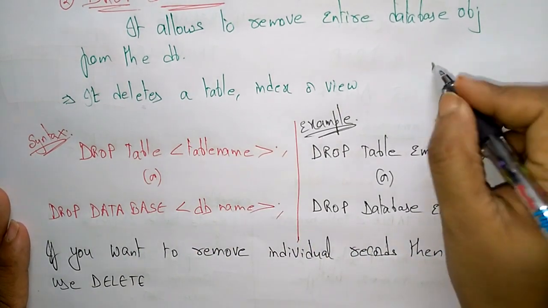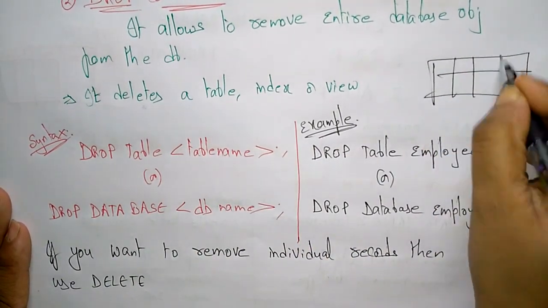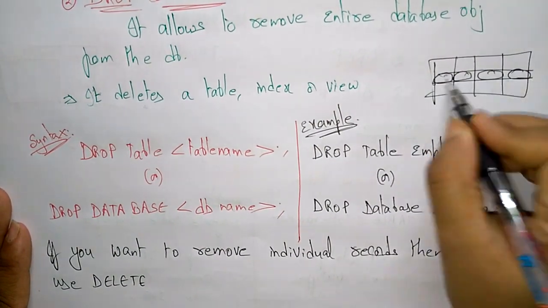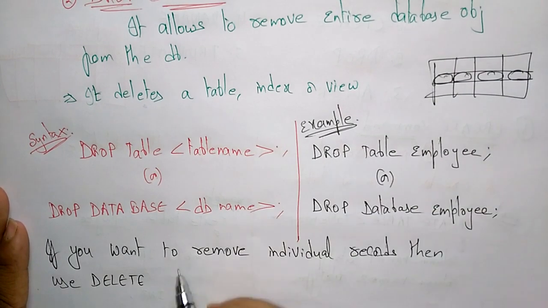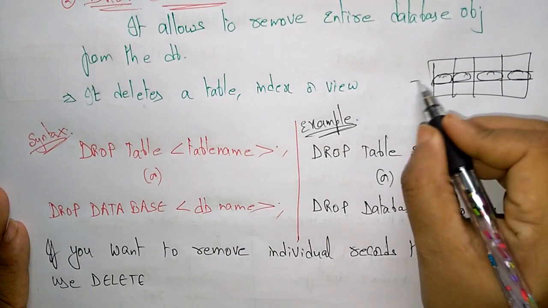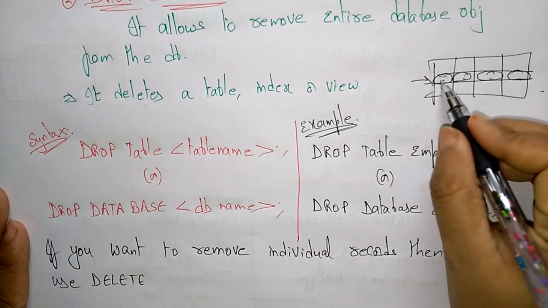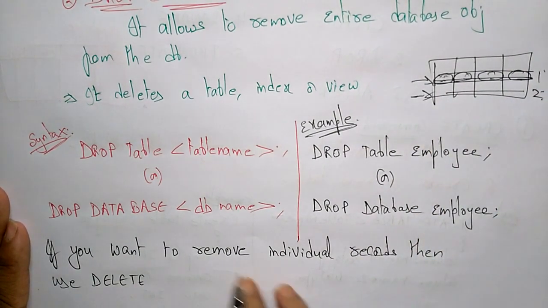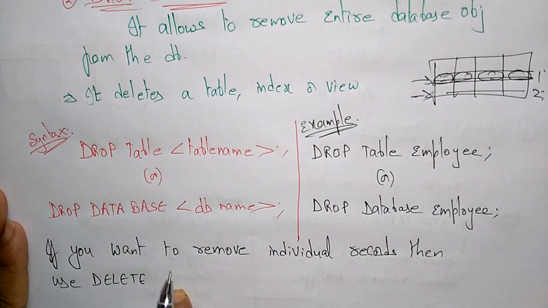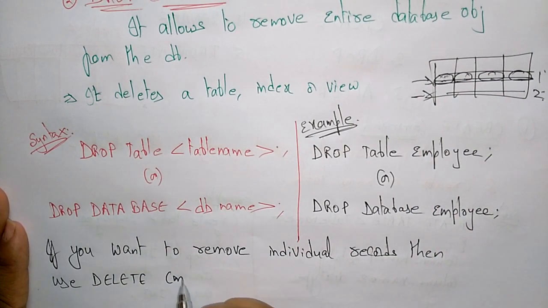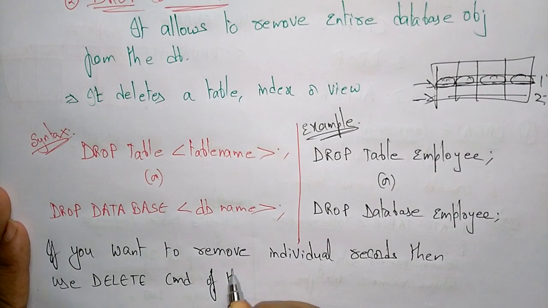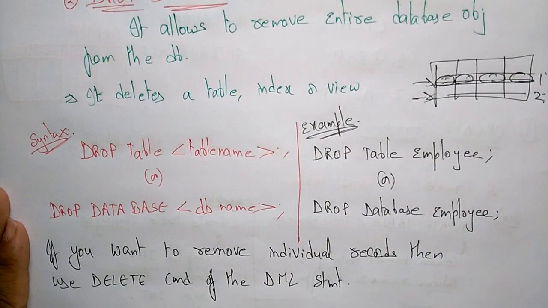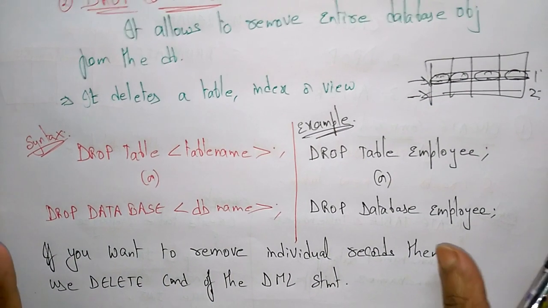If you want to delete only a particular record in the table, this one individual record and this is another individual record, then use the delete command of the data manipulation language statement. Okay, so this is about the drop command.